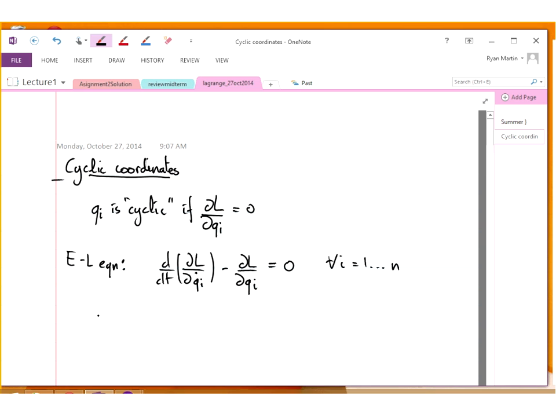If ∂L/∂qi is equal to 0, the second term, then we have d/dt of ∂L/∂qi dot equal to 0.